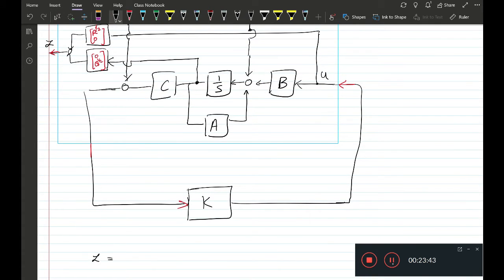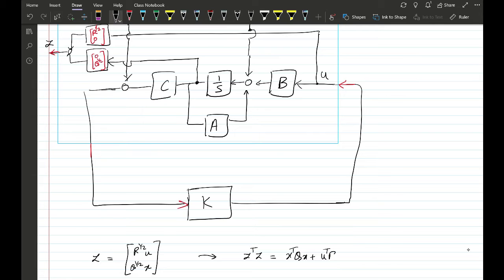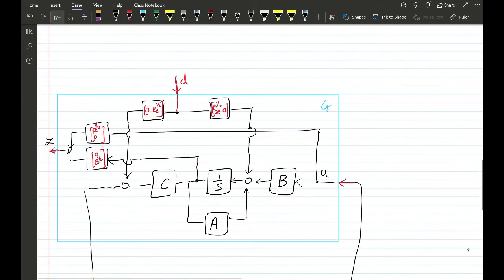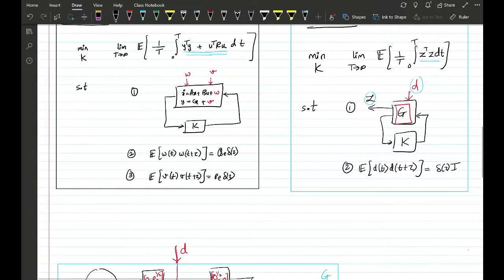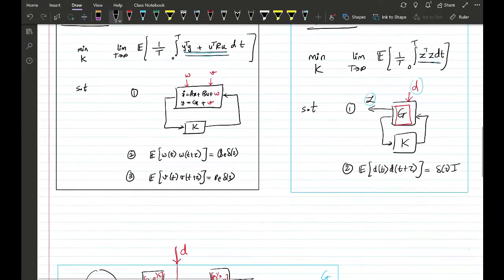Z now is nothing but R raised to half U and Q half X. That would give us Z transpose Z as X transpose QX plus U transpose U. So you can see that with these two blocks your cost is now matching, because Z transpose Z is now Y transpose Y plus U transpose RU.